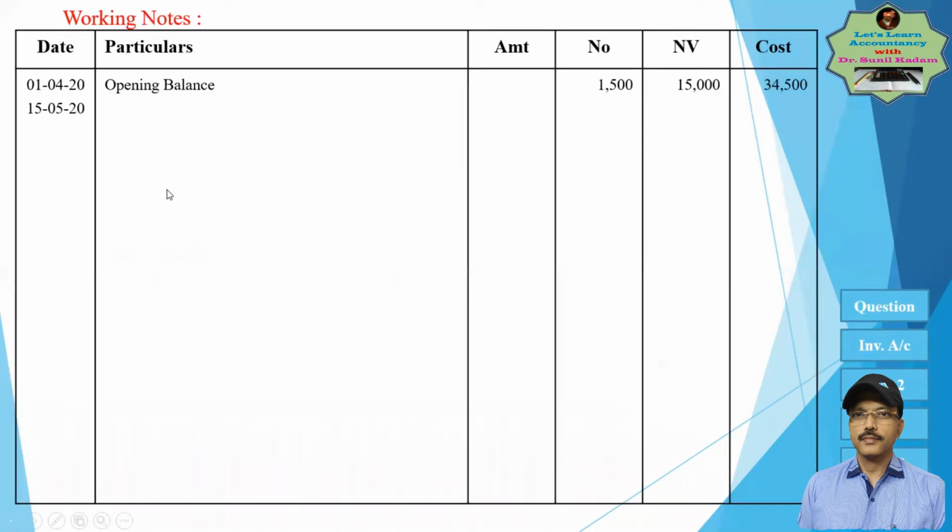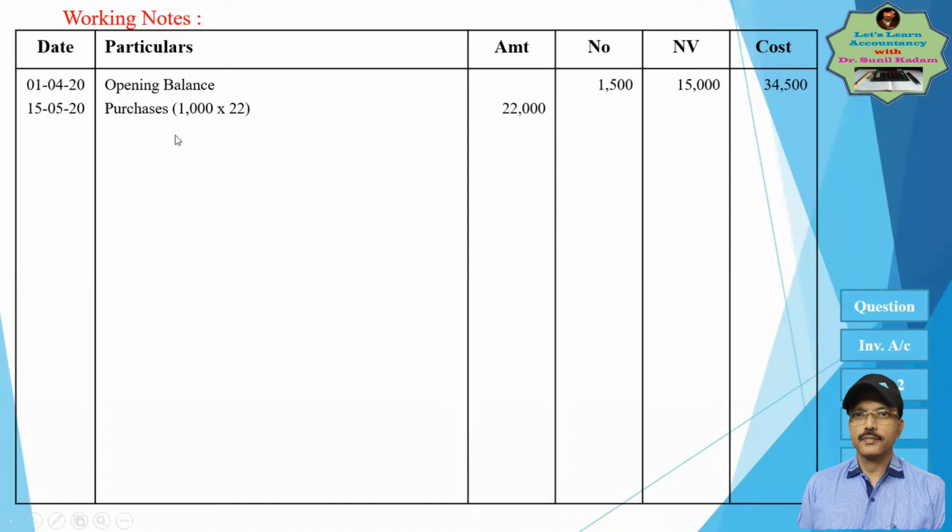On 15th May, purchases. What's the rate? 22. How much does 1,000 into 22 come to? It comes to 22,000. That's the purchase price.